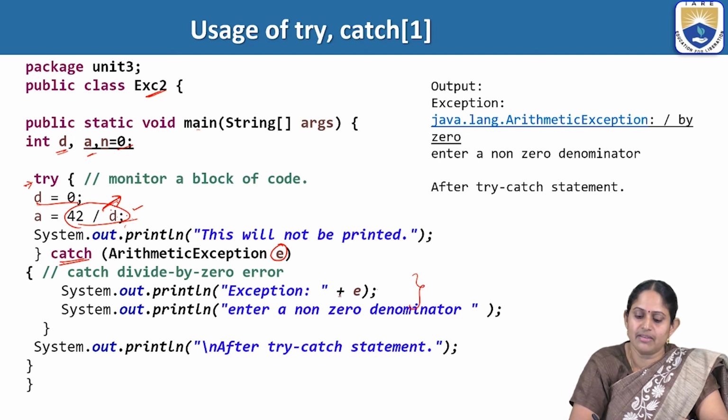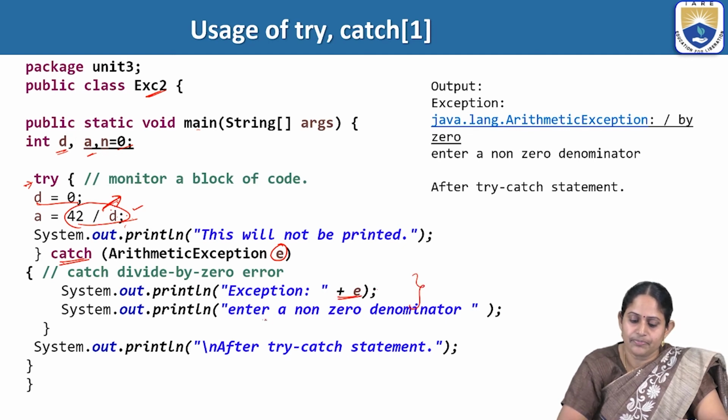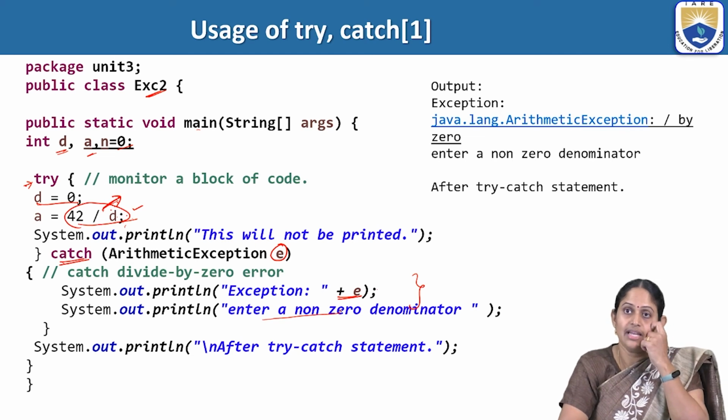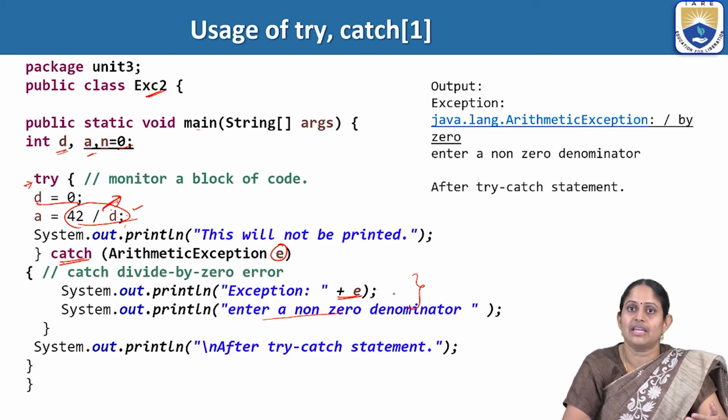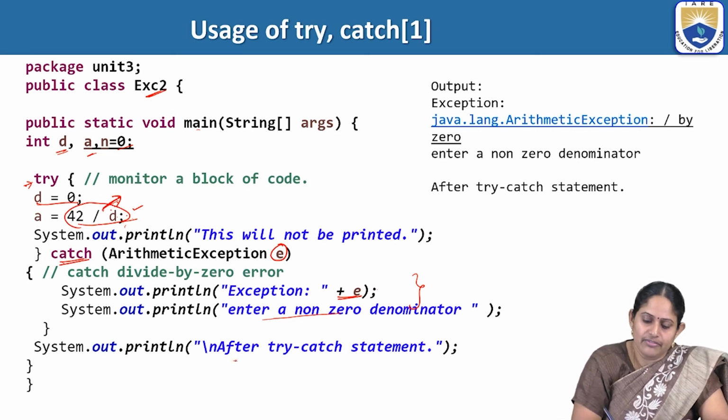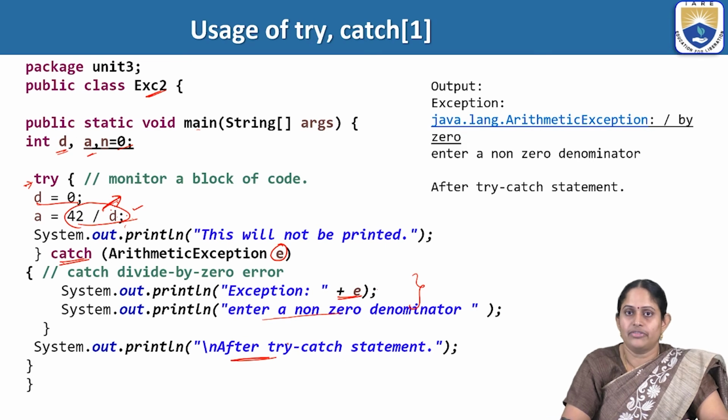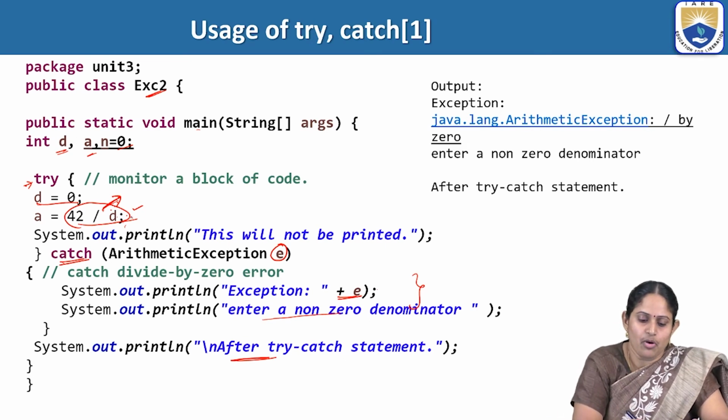It displays what the exception is, and we give an error message to enter a non-zero denominator. And then the body of the program continues. So let's see what happens here.